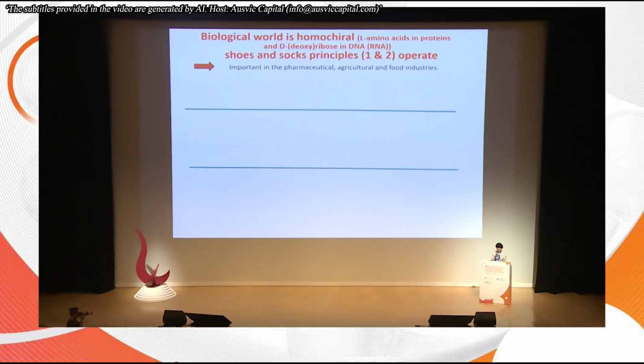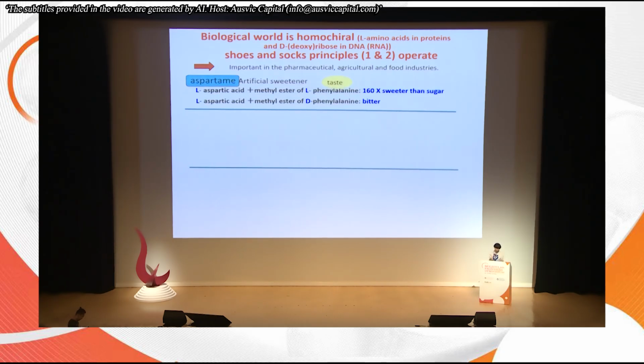It's important in the pharmaceutical, agriculture and food industries. This is not a mirror image one, this is a diastereomer we call it, but if it's aspartame, if you change the L-phenylalanine to D-phenylalanine to make the mirror image, it becomes bitter, although this should be a sweetener.